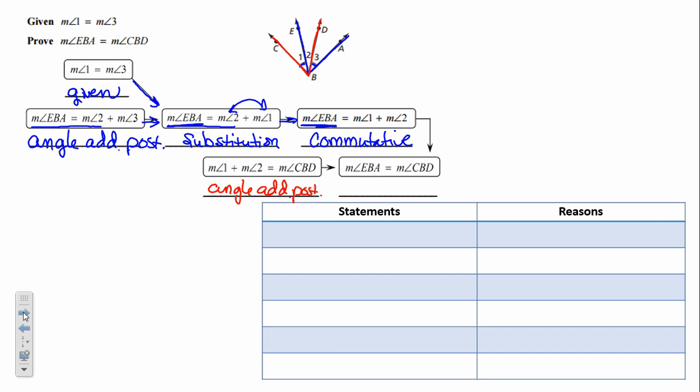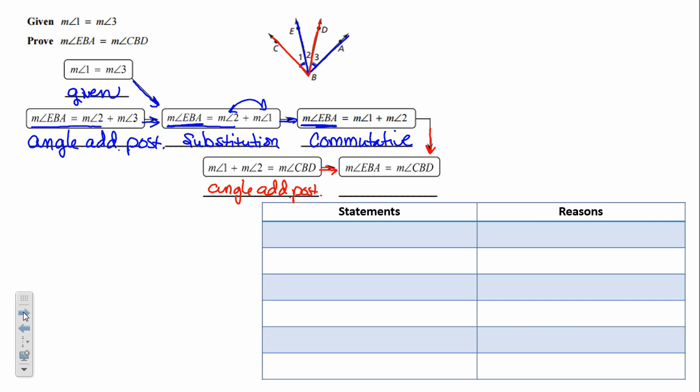Now they're saying because of this and what we had up here, we can make this conclusion. So let's look at those two guys. EAB equals 1 plus 2. 1 plus 2 equals CBD. So EAB equals CBD.